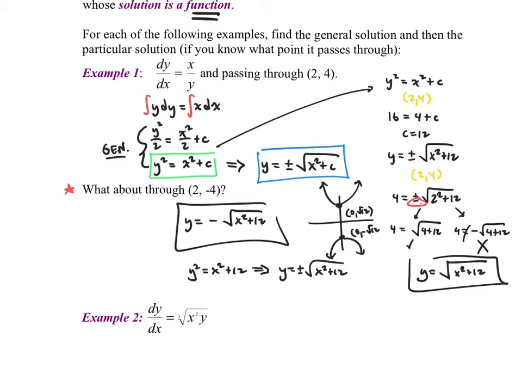The point (2, 4), which we highlighted above, ended up right here, and this portion of the graph is our particular solution from the first part of this problem. The point (2, -4), right about here, is satisfying this portion of the graph. Very interesting. All right, let's look at another example here.